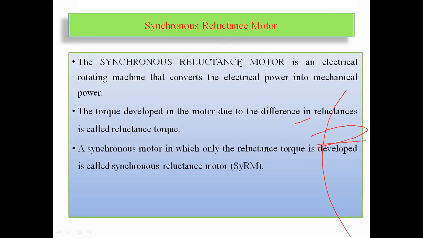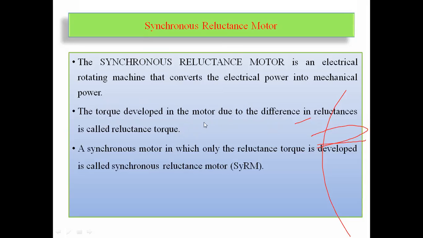Before going into the details of the synchronous reluctance motor, we will see the reluctance motor. The torque developed in the motor due to the difference in reluctances is called reluctance torque. When we give supply to the stator side, torque is created, and this is called electromagnetic torque.